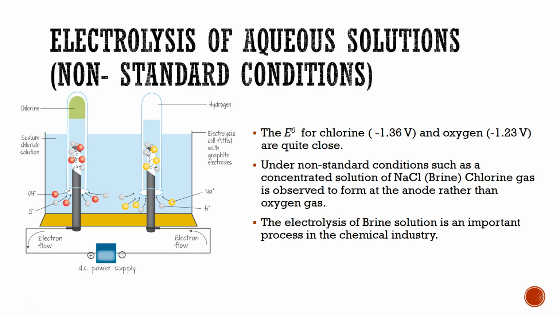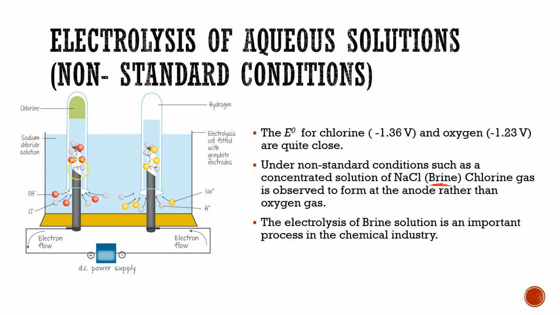They're very close. And what happens then is if we boost up the concentration of the solution, making it non-standard conditions, therefore making what we call a brine solution, which is a very concentrated, saturated solution of sodium chloride, instead of seeing hydrogen gas and oxygen gas like we did in the previous dilute aqueous solution, we have a lot of chloride ions present at our anode now.